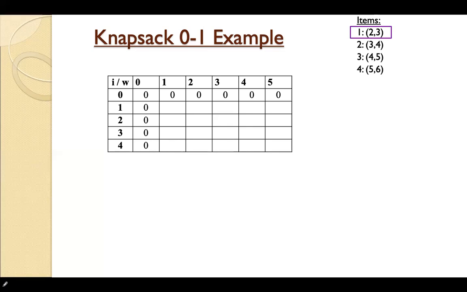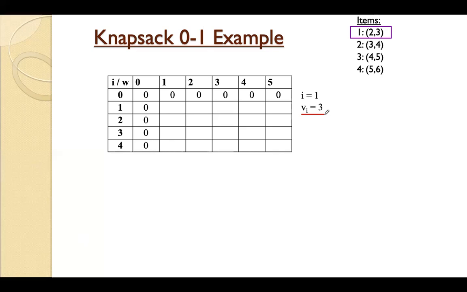First, we are going to consider the first item. That is, its weight is 2 and profit is 3. So I is equal to 1. I is equal to 1 means now we are in the first iteration. Vi indicates the profit.